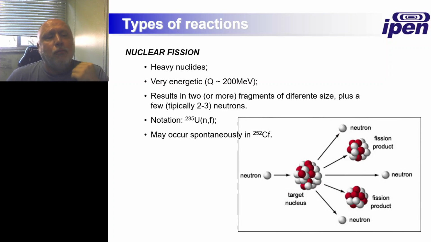And what about nuclear fission? Nuclear fission happens with heavy nuclei, right? As I told you, you have to be on the down slope of the binding energy per nucleon figure. They are very energetic. The Qs we're talking about now are around 200 mega electron volts. Why?